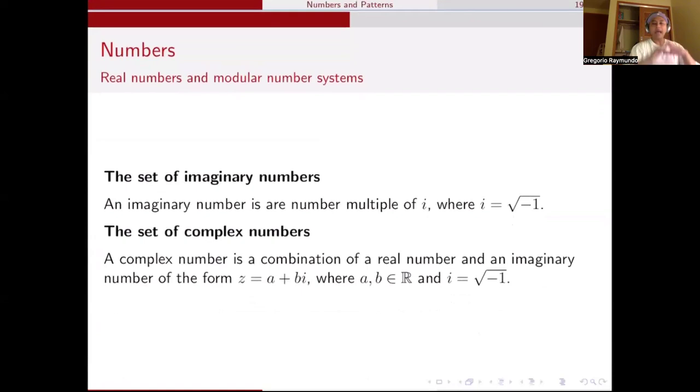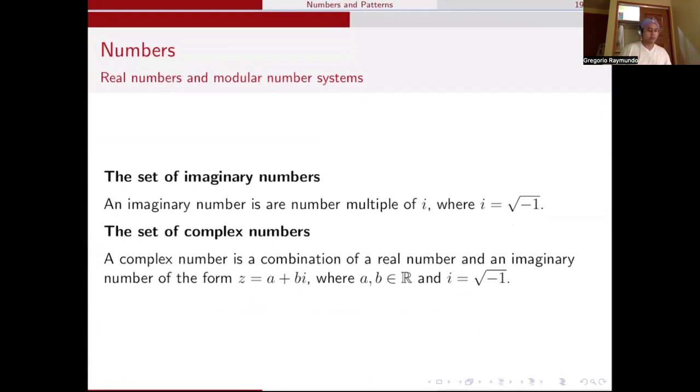Now, let's expand our horizon from the set of real numbers. We have the set of imaginary numbers.